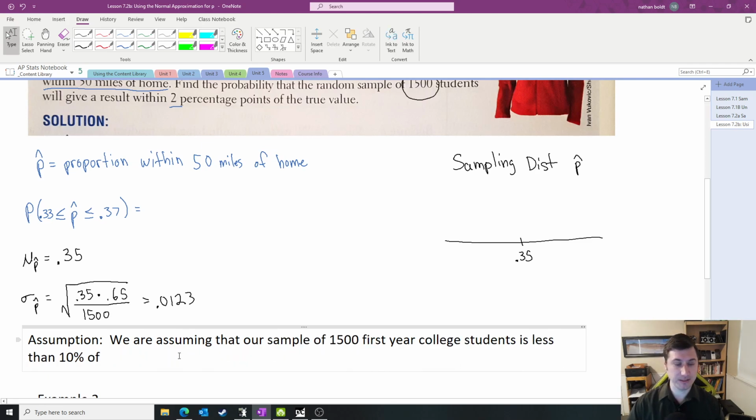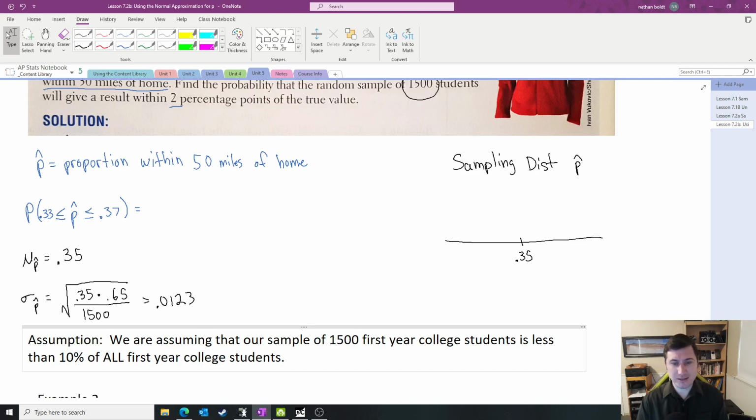What is the population of all first year college students? And I think that's a safe assumption because we're not looking at just one college. That might be a dangerous assumption if our population was the first year college students at one college. But we're looking at all colleges.